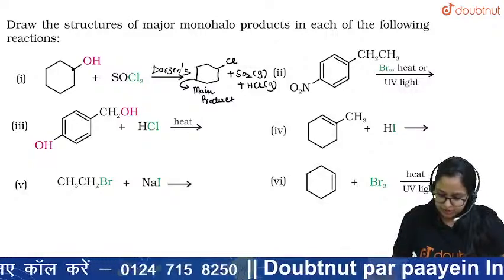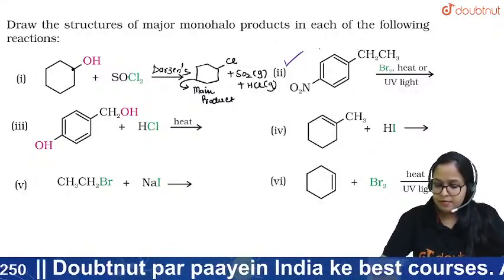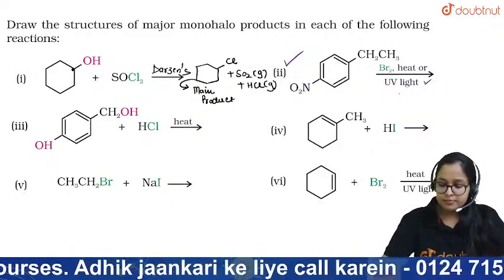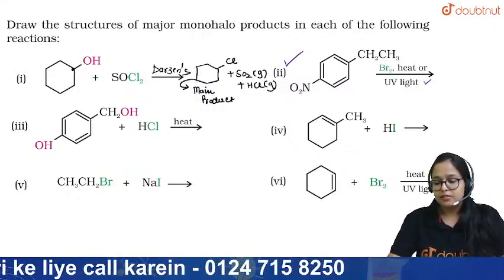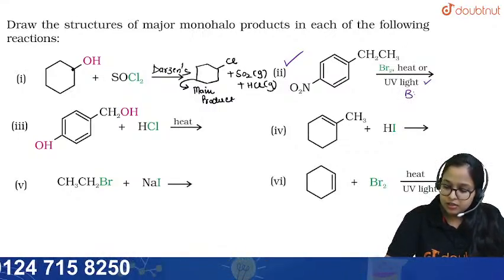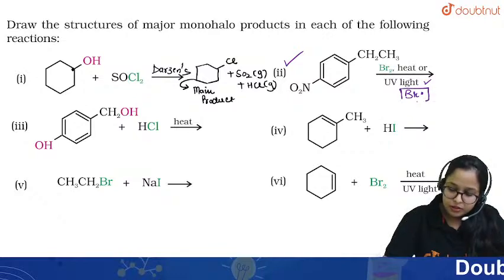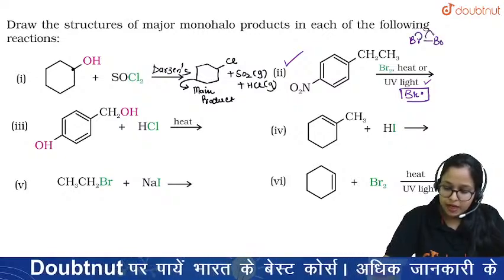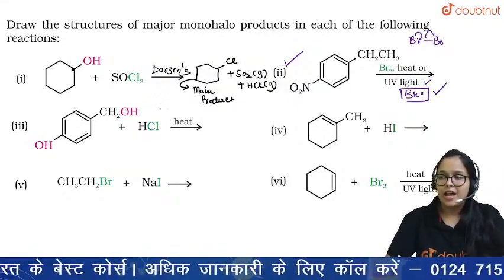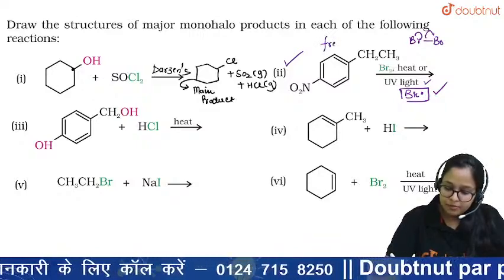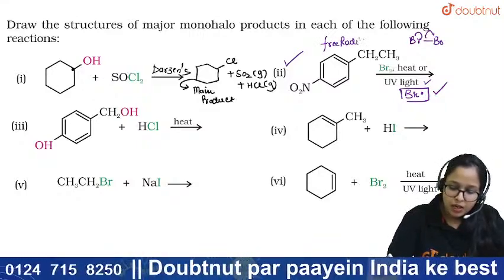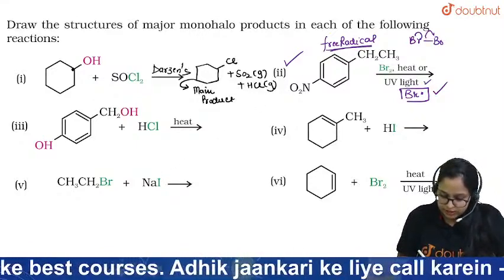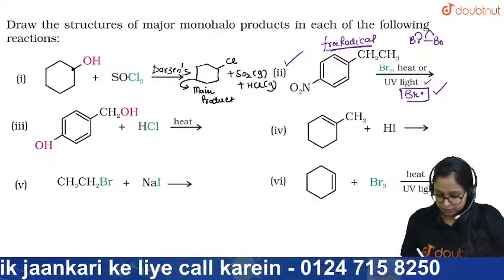Then in the second part, you treat this with Br2, heat or UV light. I have already explained that whenever UV light is mentioned, what you have to remember is to form the radical. Br2 undergoes homolytic cleavage to form Br radicals, and this reaction happens by a free radical mechanism. You also have to create a free radical in your substrate, and as you know, the secondary free radical is more stable than the primary free radical.